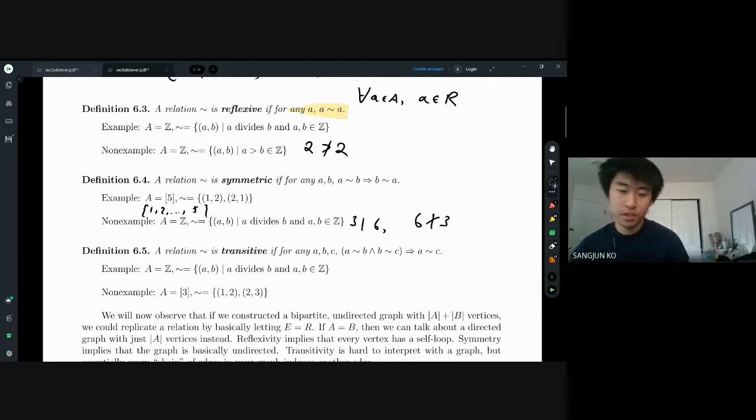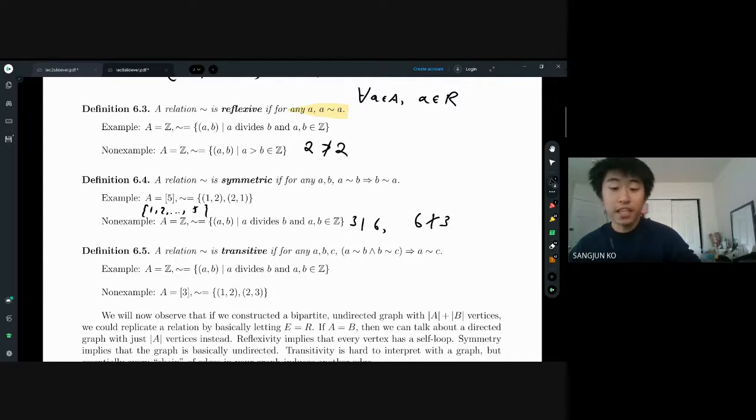And finally, now we're going to talk about transitivity. A relation is transitive if for any a, b, c, if a is related to b and b is related to c, then a is related to c. As an example, we have A equal to Z, that is, the integers again. We're going to look at that divides example.